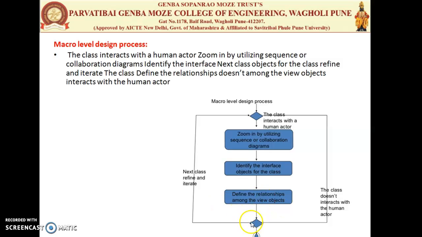And again, if something is missing or something extra needs to be added, you need to refine and iterate the process, go through the flow again, and then if everything is finalized, go to the business layer with whatever request has been sent by the user, with the proper protocol. So this is the micro level design process.